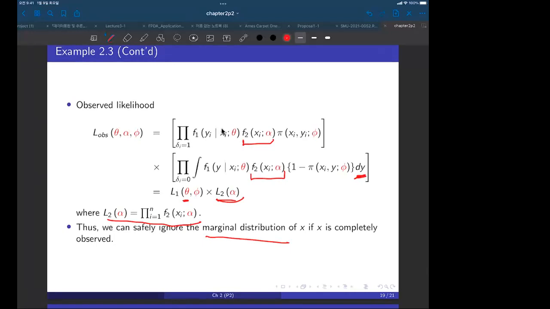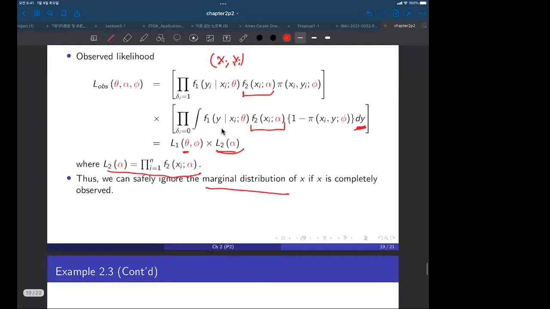That's actually the usual setup in regression, right? If you do regression, you are interested in the regression of Y on X, and you don't really specify the marginal distribution of X at all, because the joint density can be factorized into marginal and conditional, and the parameter in the conditional has nothing to do with the parameter in the marginal. So that is basically the reason.